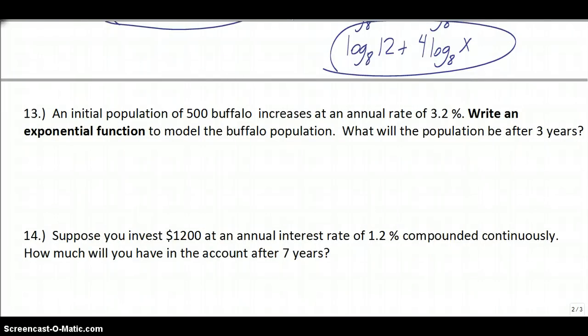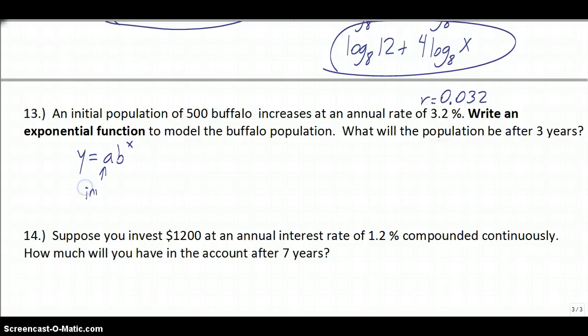13. Initial population of 500 buffalo increases at an annual rate of 3.2%. So as a decimal, that's 0.032, right? Write an exponential function to model the buffalo population, and then we'll figure out what it is after 3 years. Well, on your quiz tomorrow, you'll see at the top this little guy, y equals ab to the x.